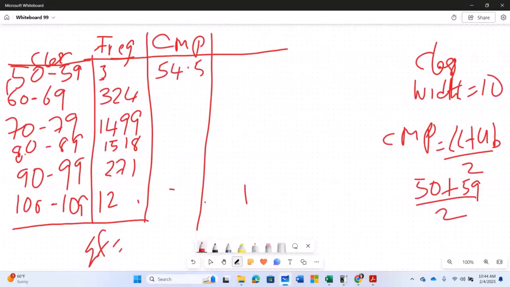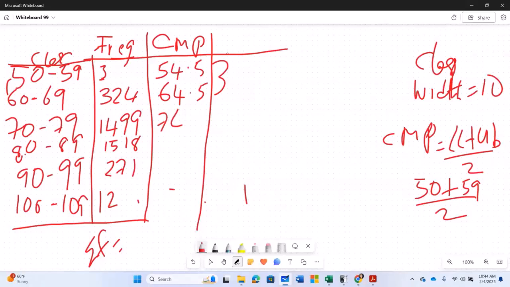So the class midpoint for the first class is 54.5. If I find the class midpoint of the second one, 60 plus 69 divided by 2, I will get 64.5. The distance between these two is 10. So that tells me that the difference between consecutive class midpoints is 10, the class weight.